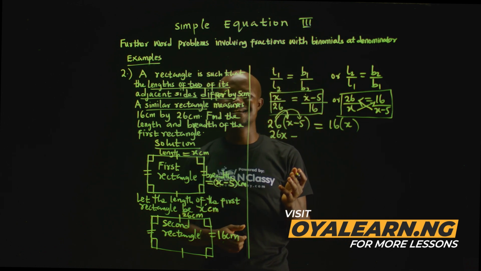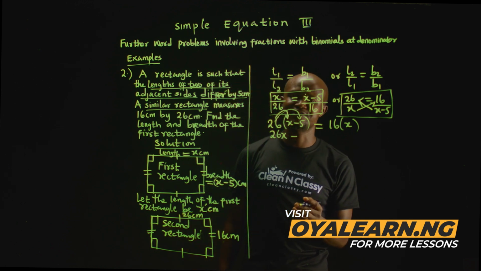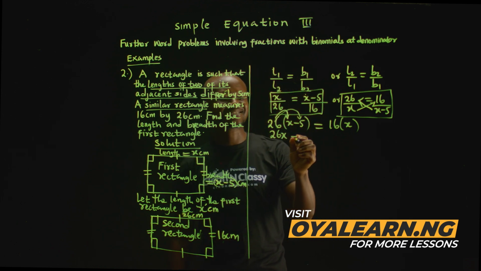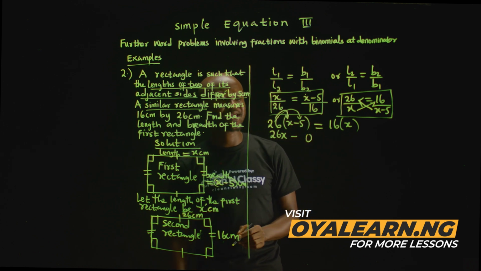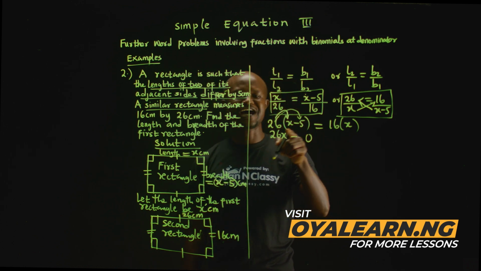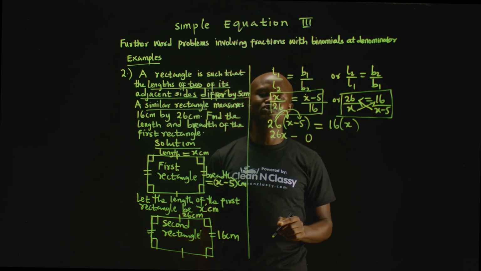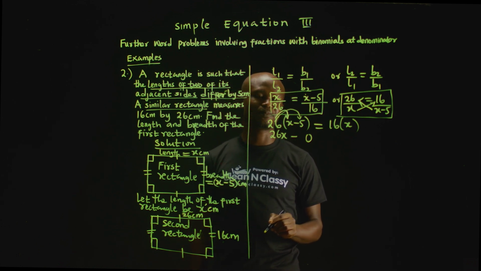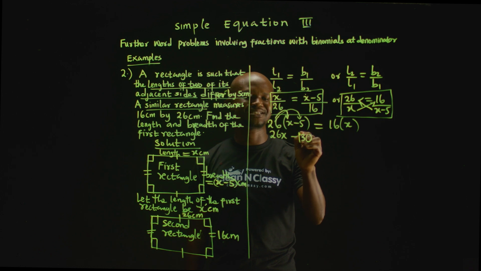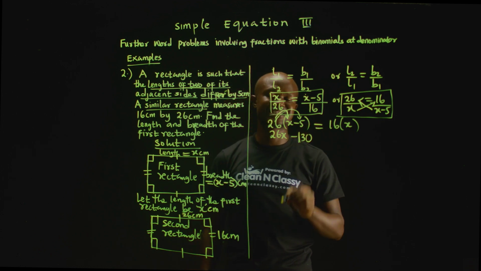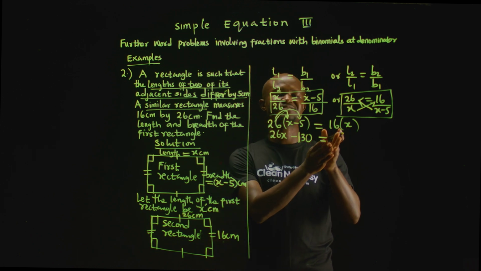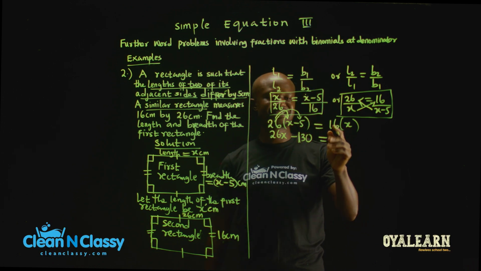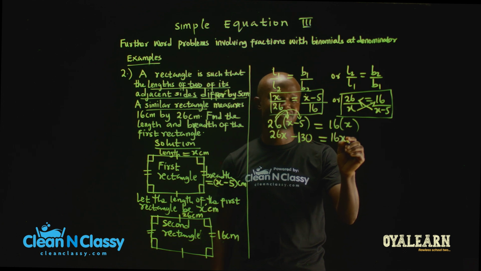What is 26 times 5? 5 times 6 is 30, then we carry 3. 5 times 2 is 10, plus 3 gives us 130. So 26 times 5 is 130. Expanding the bracket on the right-hand side, 16 times x gives 16x.